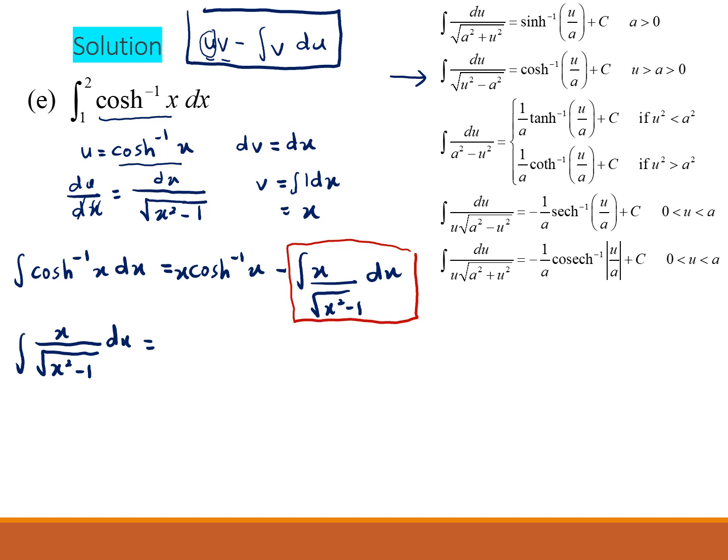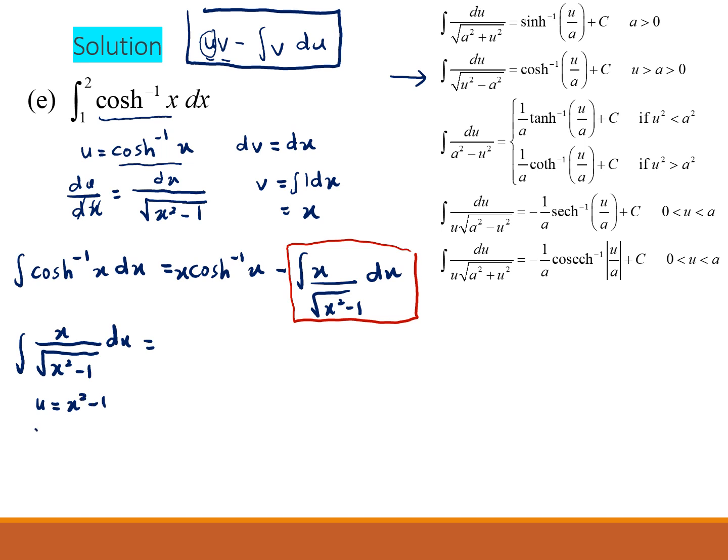As you notice, it involves x over square root of x squared minus 1. So we can use integration by substitution, where we let u equal to x squared minus 1.